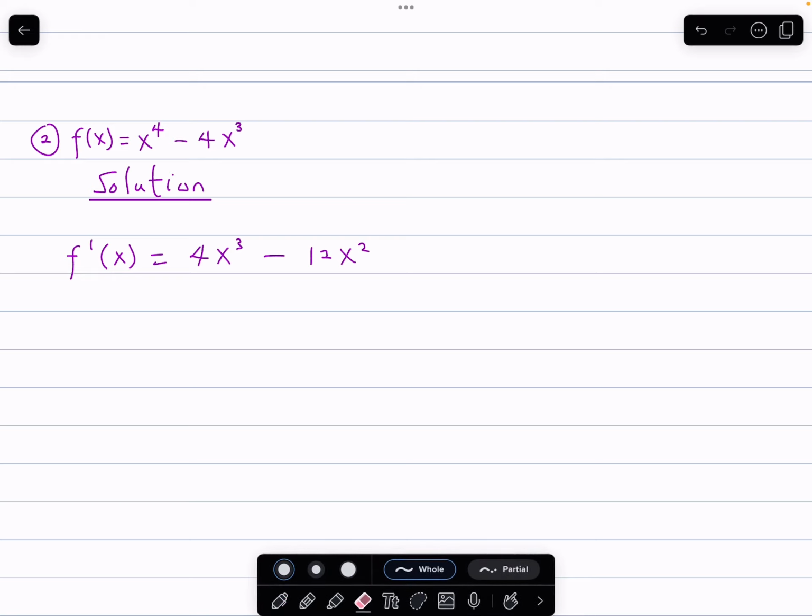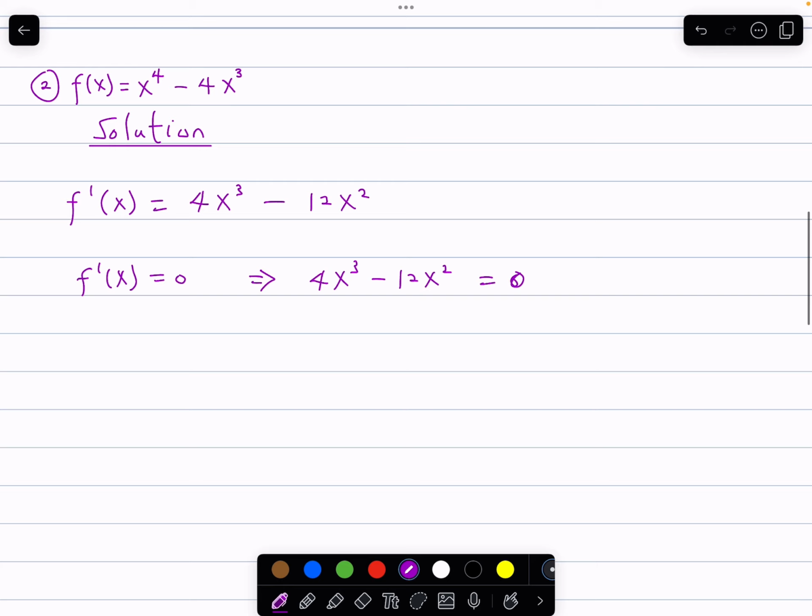So f prime of x, I'm going to equate it to 0. This implies that 4x cubed minus 12x squared equals 0, and then I can factor out 4 and x squared. So I have 4x squared times (x minus 3) equals 0.